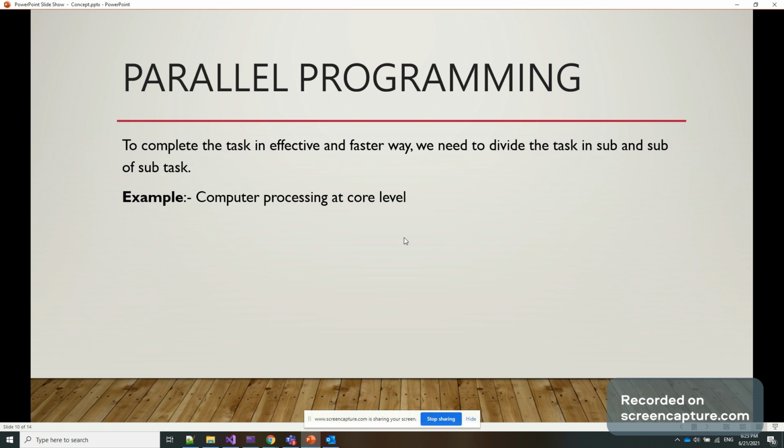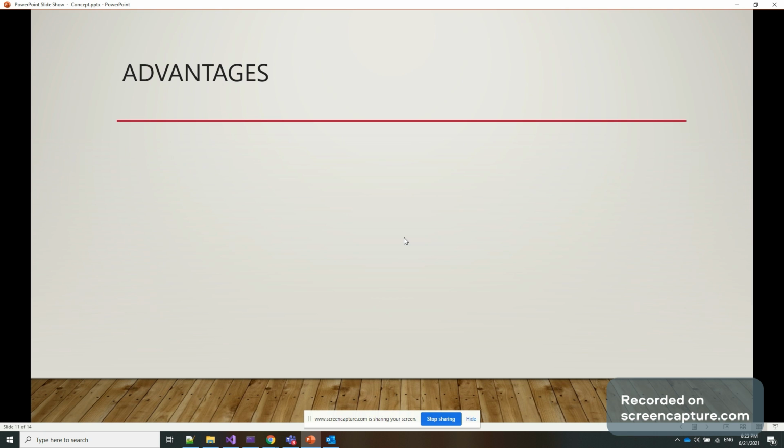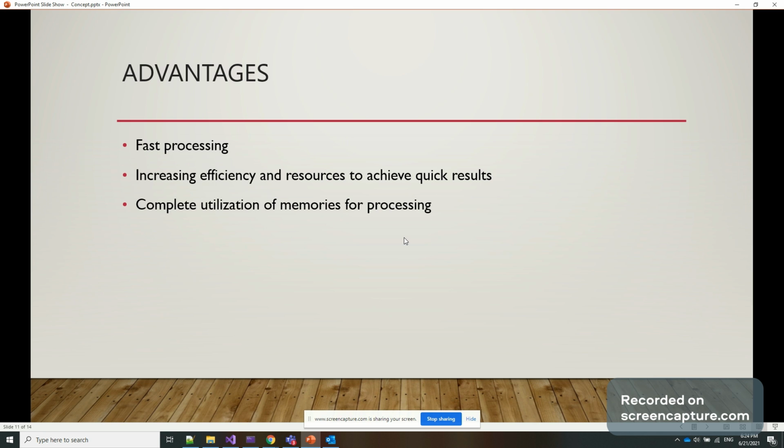Now coming to the next thing, the advantages. What is the advantage basically? As I already mentioned, it is very fast in processing. The second is increased efficiency and resources to achieve quick results, because we are dividing the work into small tasks. After that, complete utilization of memory for processing.